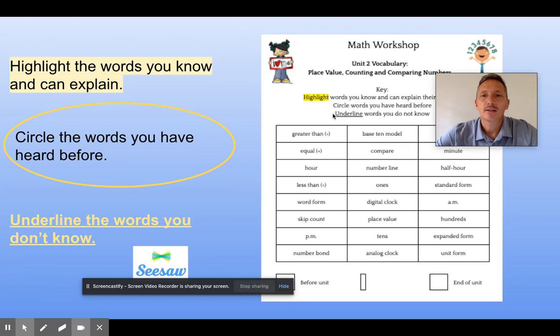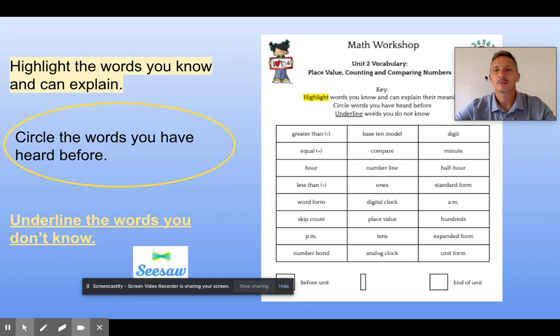Your next activity is looking more at the vocabulary words that we are going to be learning more about. You will highlight the words that you can explain the meaning of. So you know what that word is, you know what it means, you can tell a friend, you can tell your teacher, you can talk to your parents about that word so you know it. So you'll highlight that whole word. It's the same as what we did with the first unit. We've looked at this vocabulary sheet.